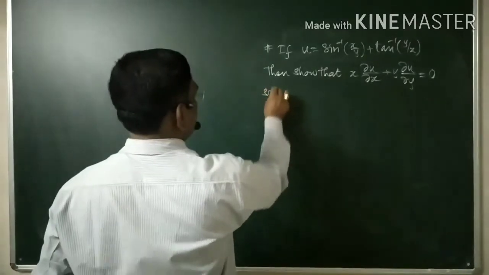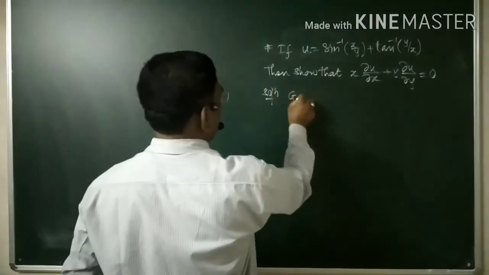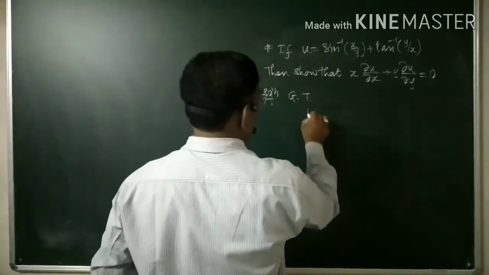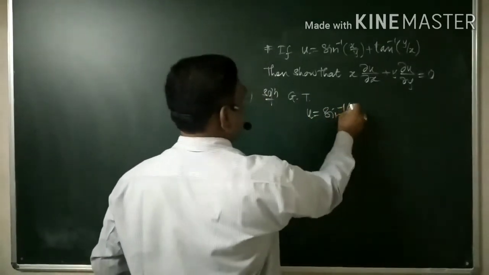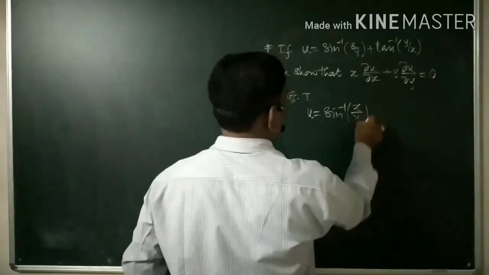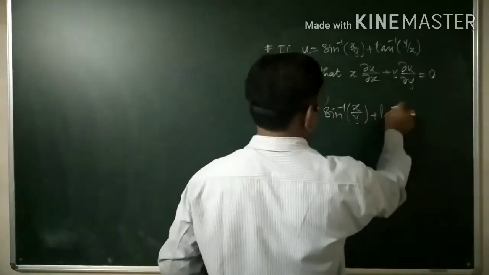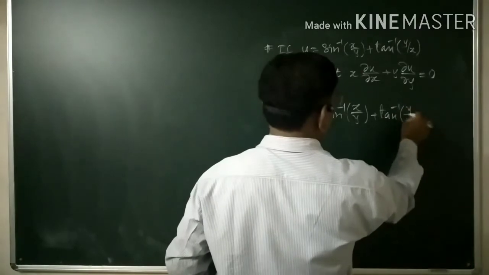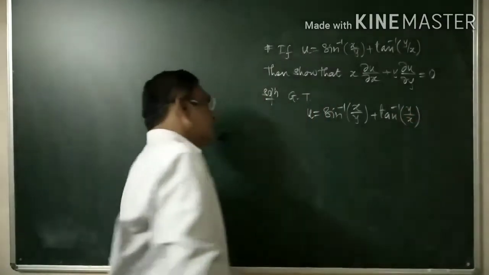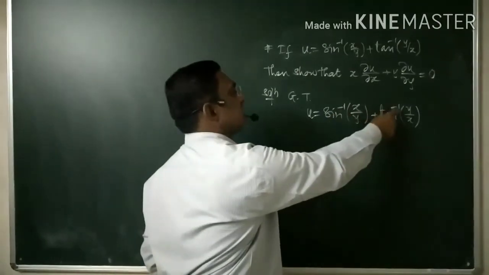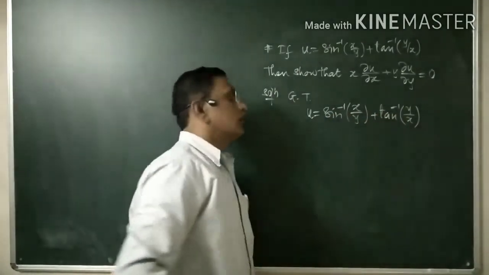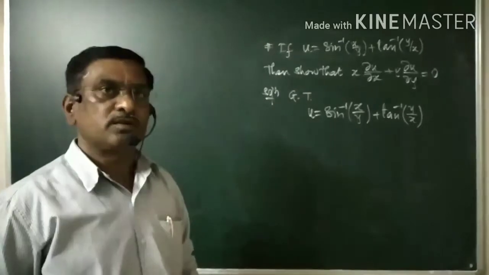Solution. What is given? Given that u is equal to sine inverse of x upon y plus tan inverse of y upon x. Even though it seems that this example is somehow difficult, you will find that it's not.